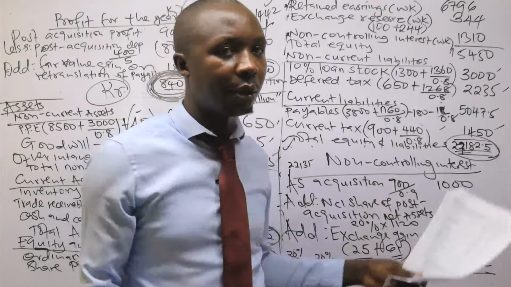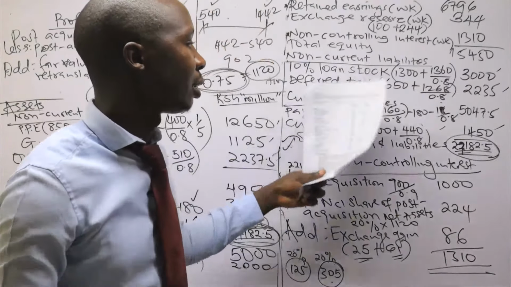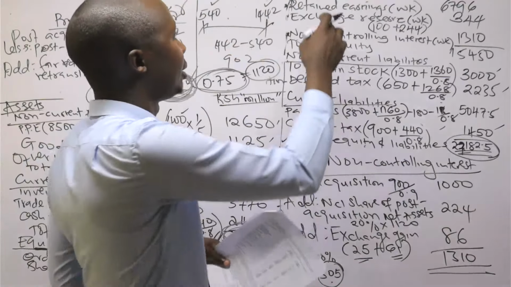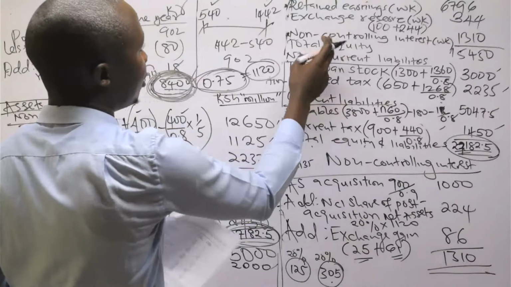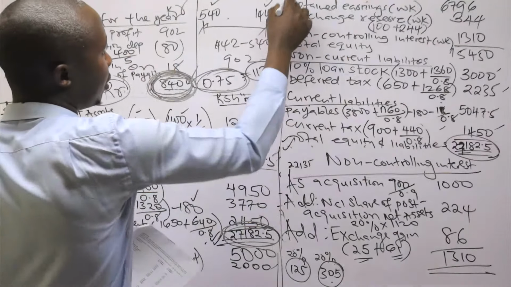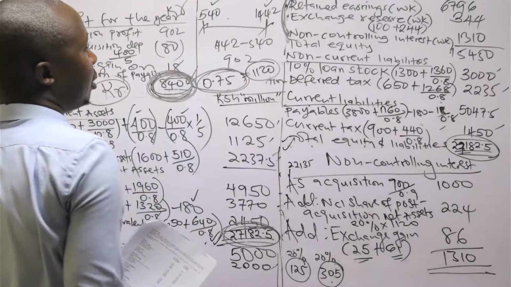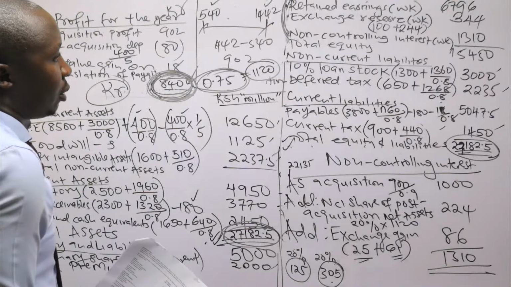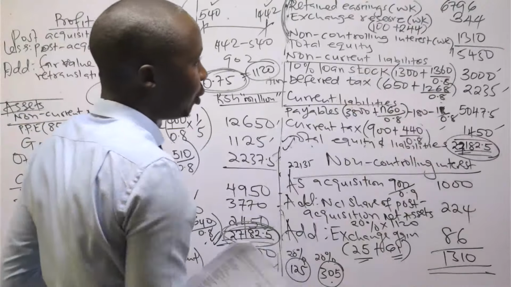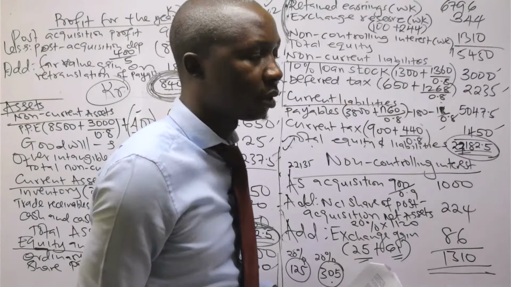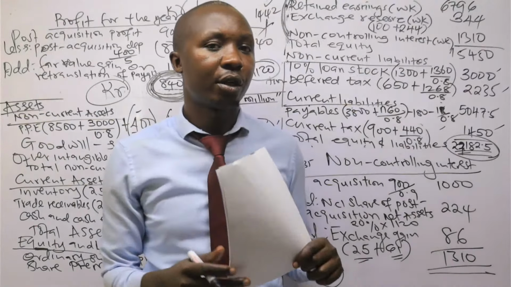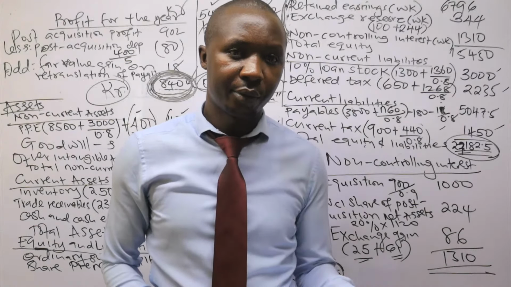I initially talked about how you can get the 20 marks without even doing the retained earnings, exchange reserve, and non-controlling interest workings, because these are the ones which have consumed a lot of time for us. So you do the one which you can manage very fast so that you can avoid the wastage of a lot of time.